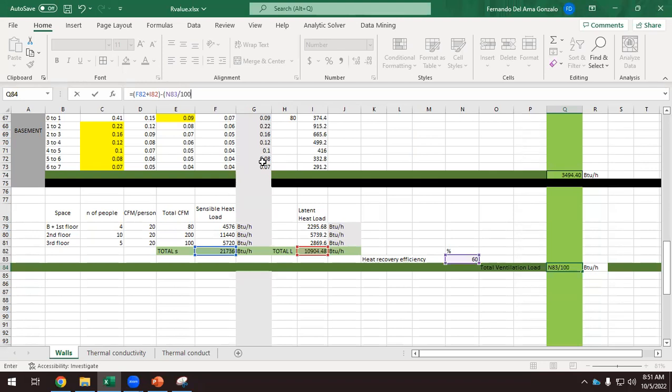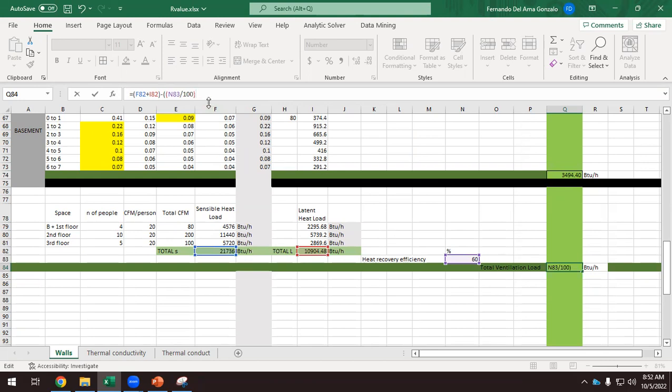Okay, because 60% efficiency, it's like multiplying this times 0.6. So this is the effect of the heat recovery, 60% times the total.